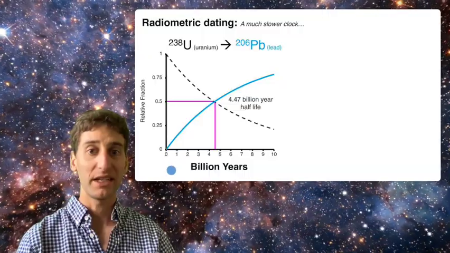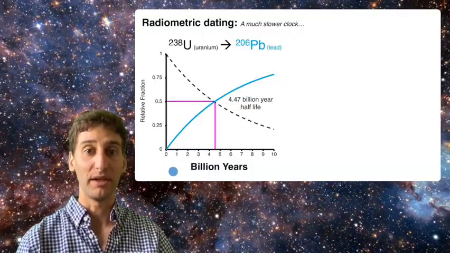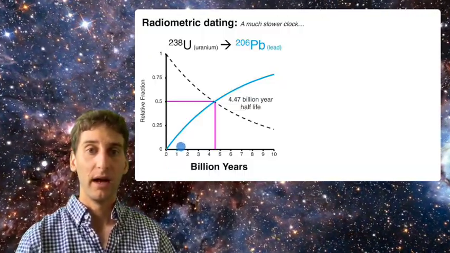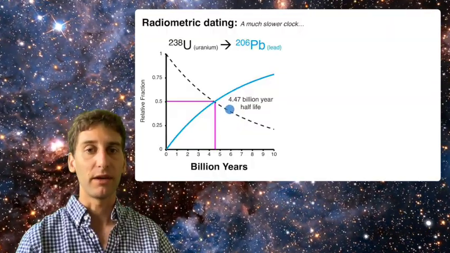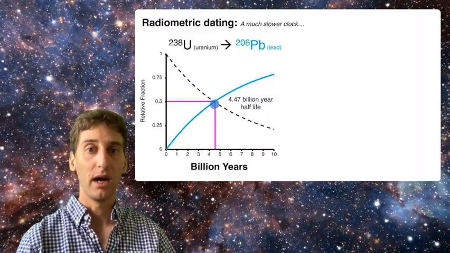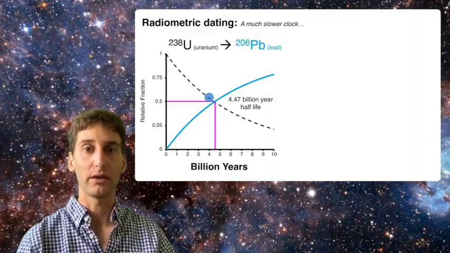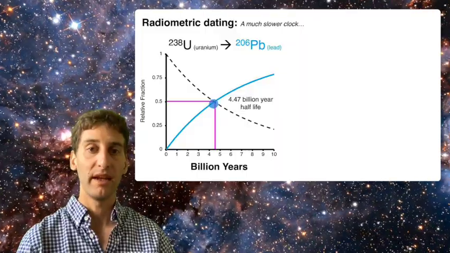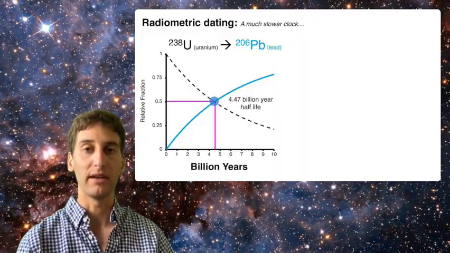So the timescale here is not a few decades, it's billions of years. The half-life for uranium-238 is 4.47 billion years. After that amount of time, we've lost half of our starting uranium in the solar system, and we've gained an equal amount of lead.